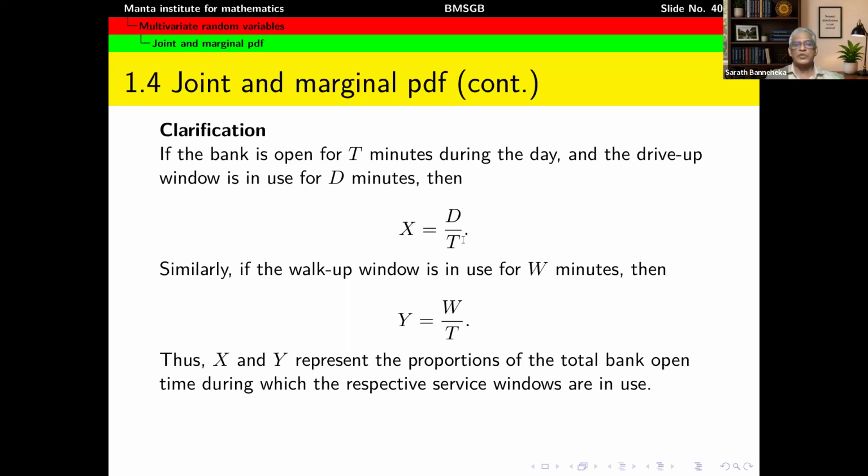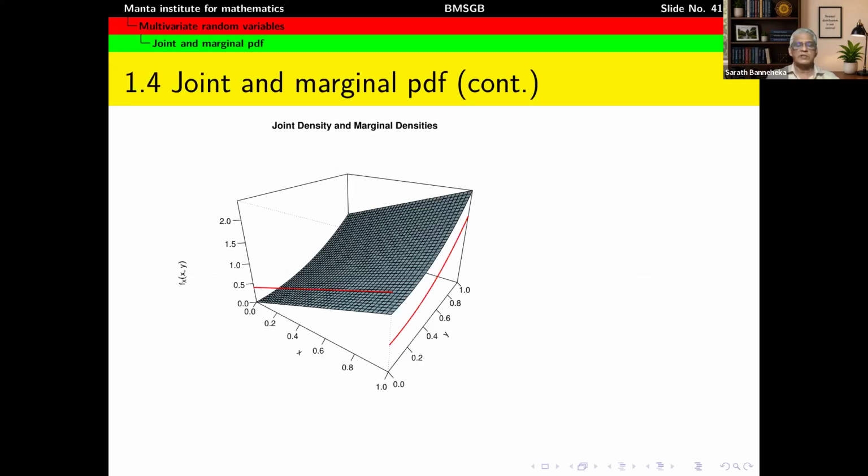X will be the time in minutes divided by the total time that the bank was open, right? And similarly, Y will be W divided by T, where W is the time that the walk-up window was in use, right? So we are looking at the joint distribution of this X and Y, and it is given to us. Again, we don't know how they obtained it. They might have used data or maybe some other method.